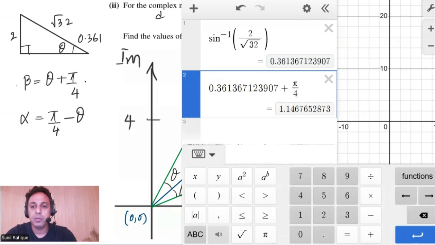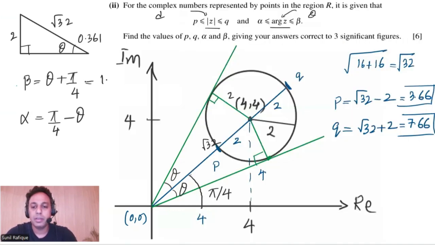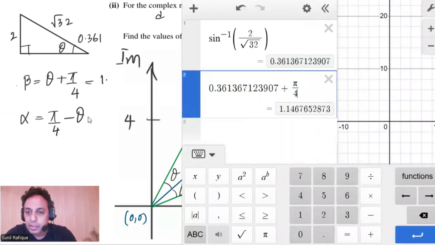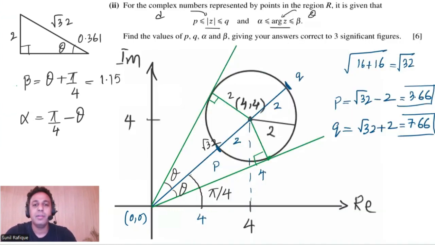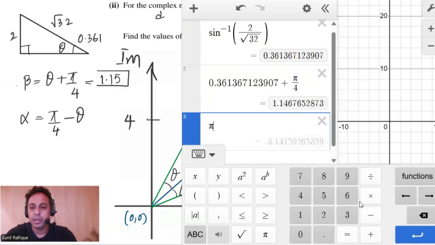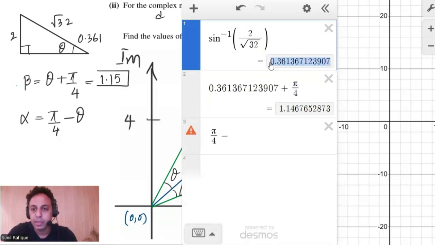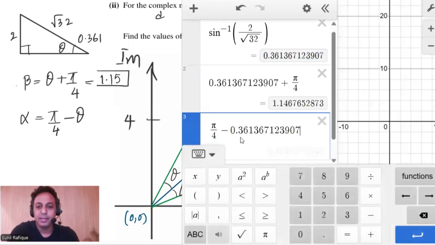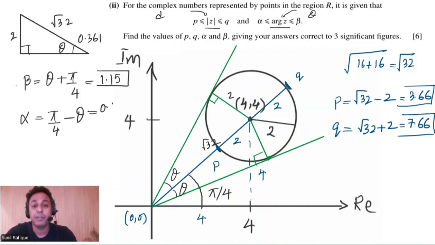So it's going to be 1.15. Okay, that's the 3 significant figure answer. And let's get the value of alpha now. So pi divided by 4 minus the same answer. I can copy it, that's the good thing. Okay, so that's 0.424. Why am I giving a 3 significant figure answer? It's asking for 3 significant figures.